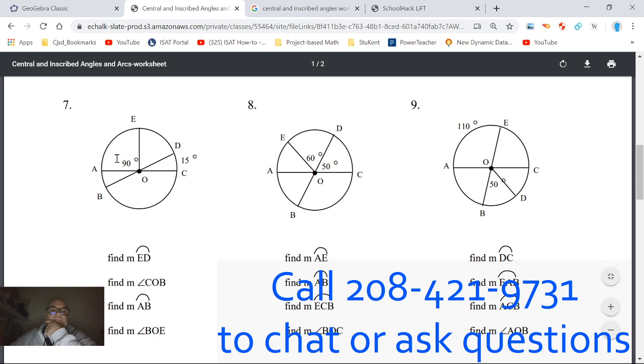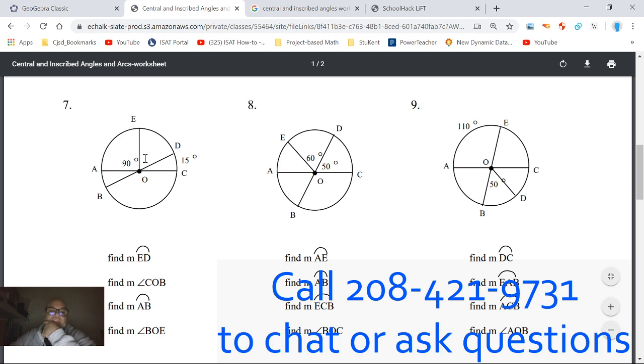Let's look at this. This arc right here, or this angle, is 90, right? And what about AC? AC is a segment that goes through the center of the circle. We call that a diameter, right? A segment that begins and ends on the circle and goes through the center is called the diameter. And the diameter cuts the circle into two equal parts, or what we call a semicircle.